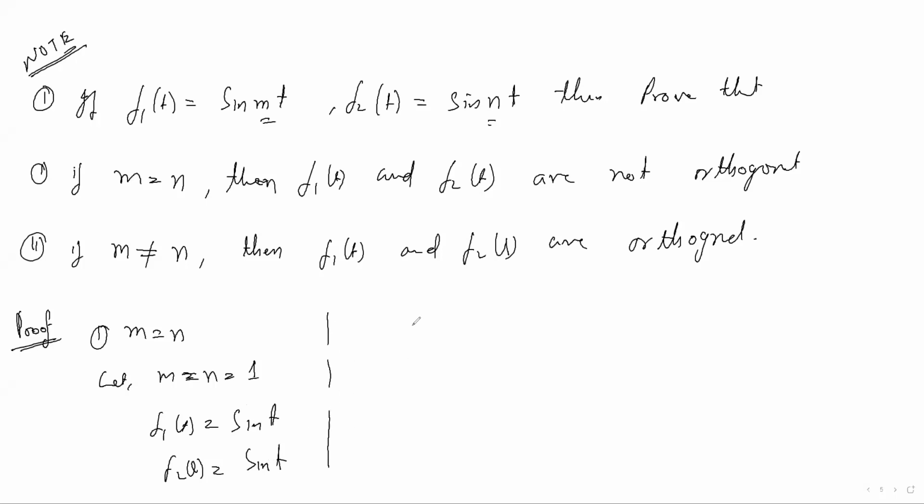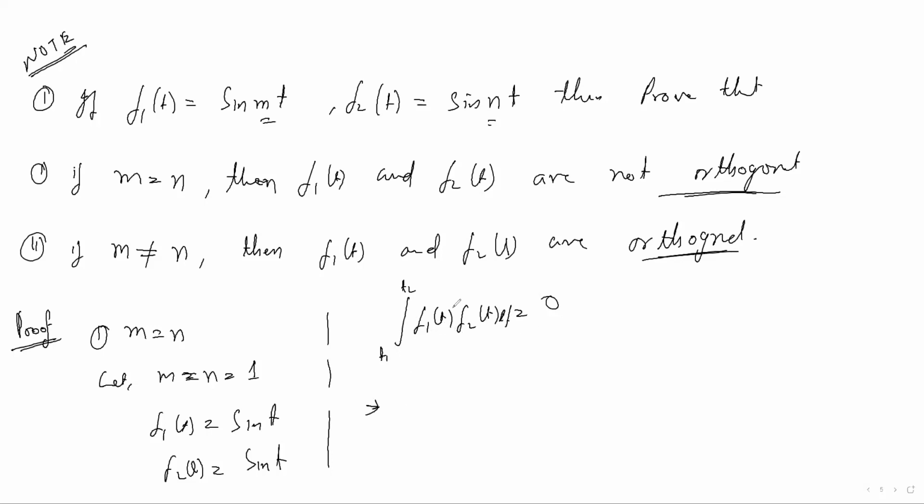And they are asking about orthogonality. Two signals are orthogonal when the integration from t1 to t2 of f1(t) f2(t) dt equals 0. We already derived this equation.